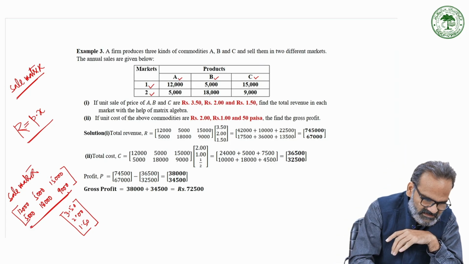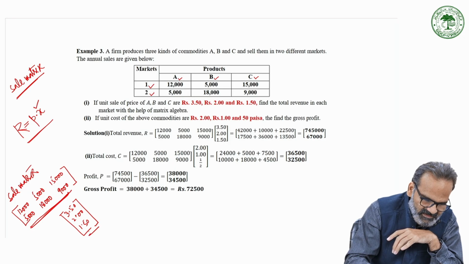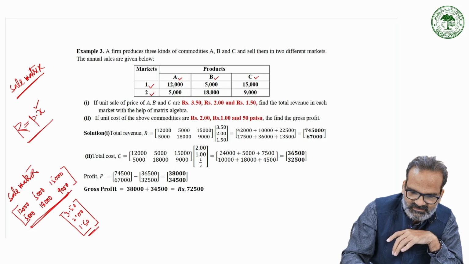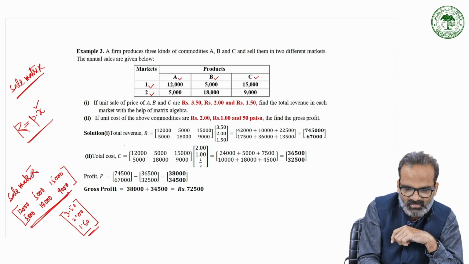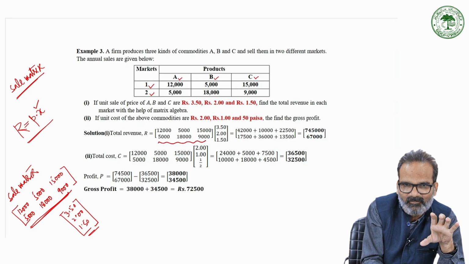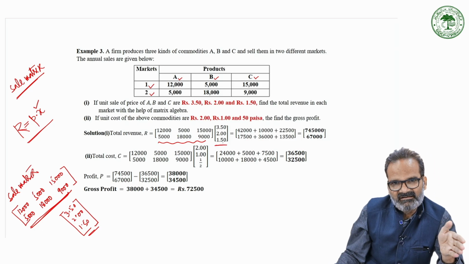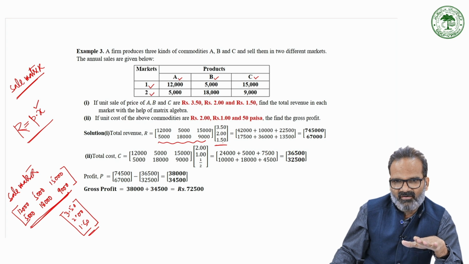Simply, this is the sale matrix, that is X, and this is the price matrix, that is P. So R, the total revenue, is given by the sale matrix of the three commodities A, B, C in two different markets, multiplied with their respective price per unit of commodities.